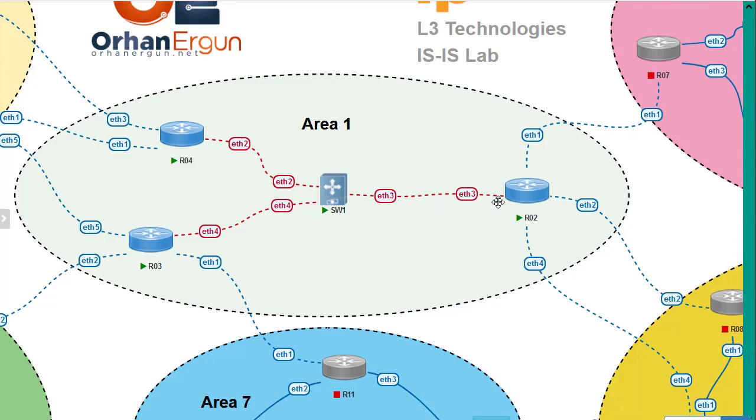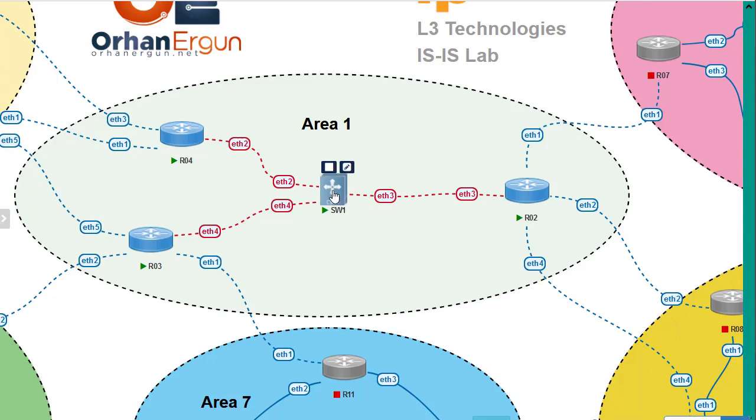Now, these routers are going to be configured as L2 only, but we can have L1, L2. And of course, by design you can configure every router in your whole network as L1 only, L2 only, or you can have a combination of these configurations.